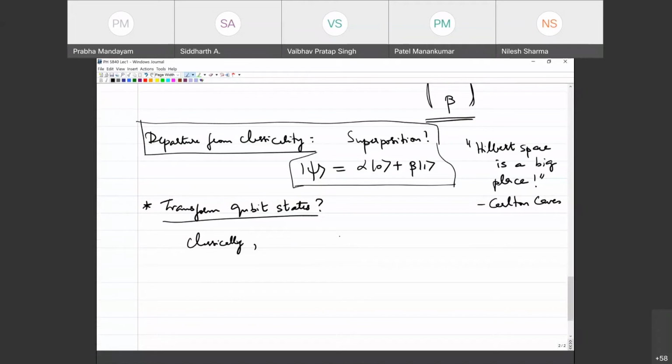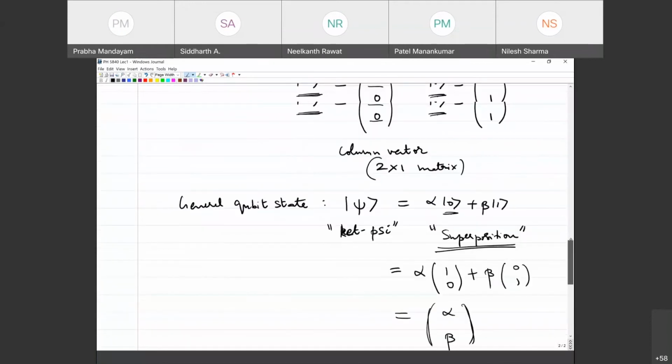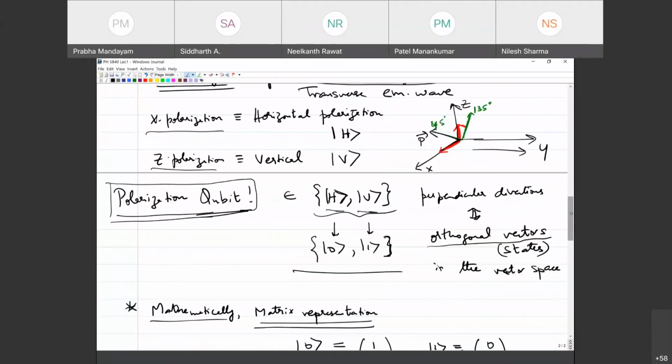Ma'am, I have a question. When you described the physical realization of a qubit using the polarization states of light, if we talk about the XZ plane, it is a real Euclidean plane, and the superpositions possible there are over the real field.